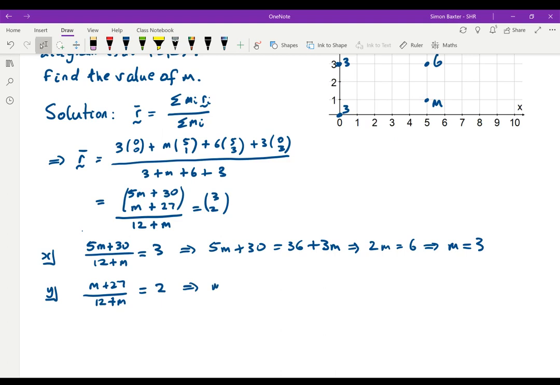That gives us m plus 27 is 24 plus 2m. Subtracting m and subtracting 24, we get 3 equals m. And so both of them give the same. We can confidently say that m is equal to 3.